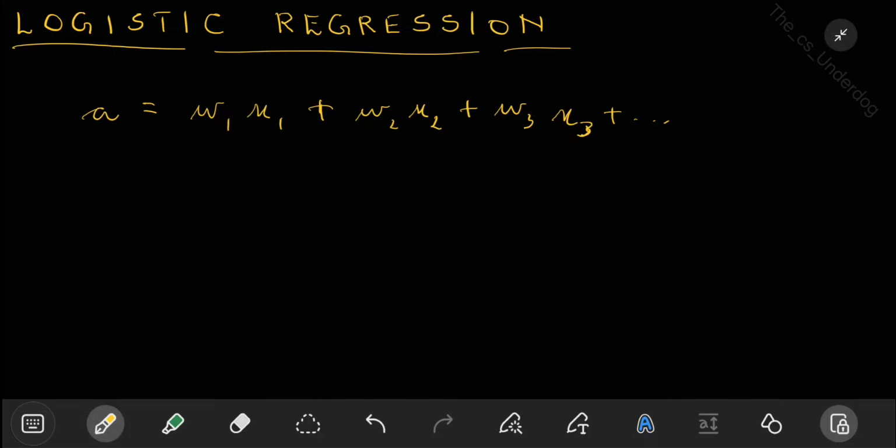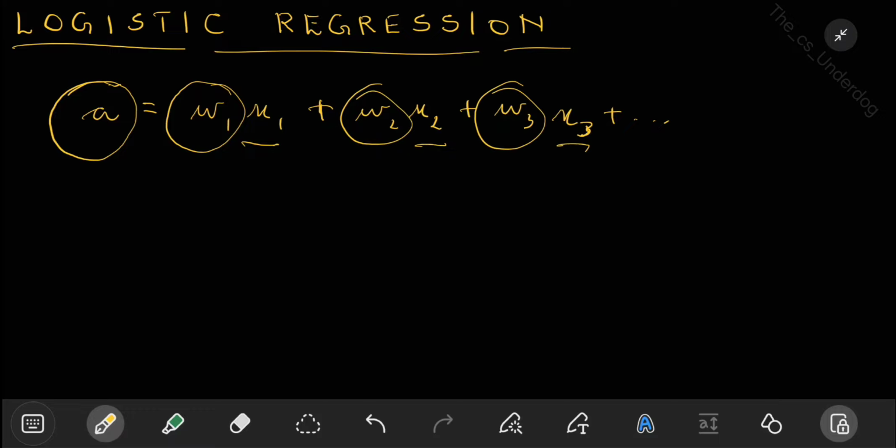This is how you did it in the case of linear regression. But keep in mind, there it was not a classification technique. In linear regression, you were trying to find the value of A. When you are given any new input x1, x2, x3, using the coefficients w1, w2, w3 that you had, you were trying to find one particular real value for this A. Coming to classification, you don't want to find any real value.